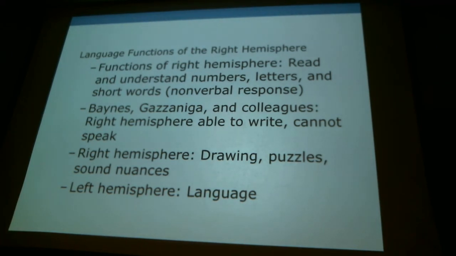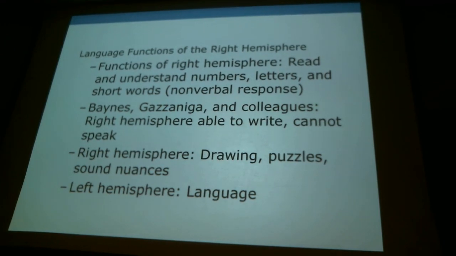Obviously, you can use your right hemisphere. In some ways, there's evidence that you can read and understand numbers and things like that. That you can write. Obviously, if you're a lefty, you're writing with your left hand, controlled by your right motor cortex.